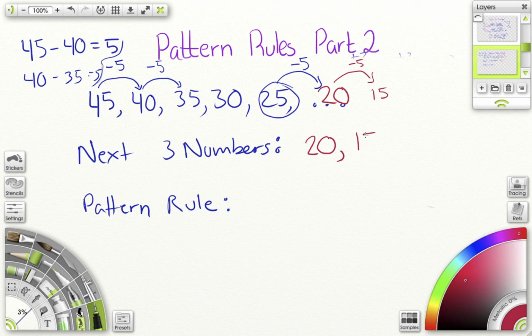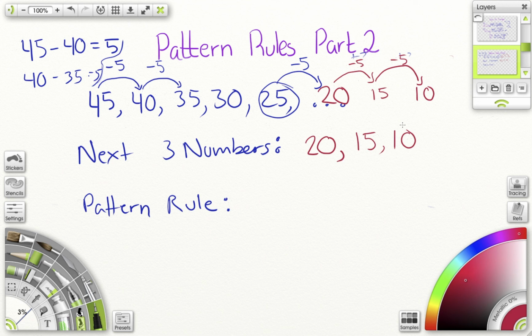So the next number is 15. And 15 minus 5 gives me 10. So my next three numbers are 20, 15, and 10. I took this number, subtracted 5 to get this number, minus 5 gives me this number. So those are my next three numbers.